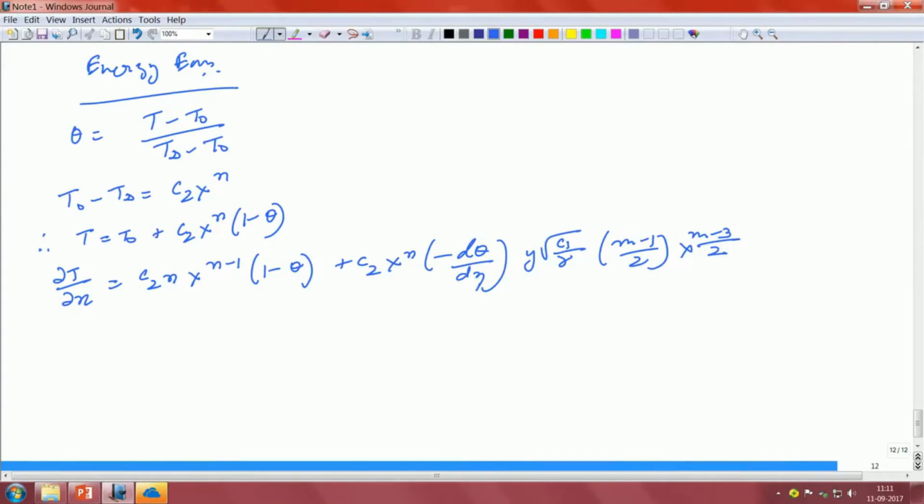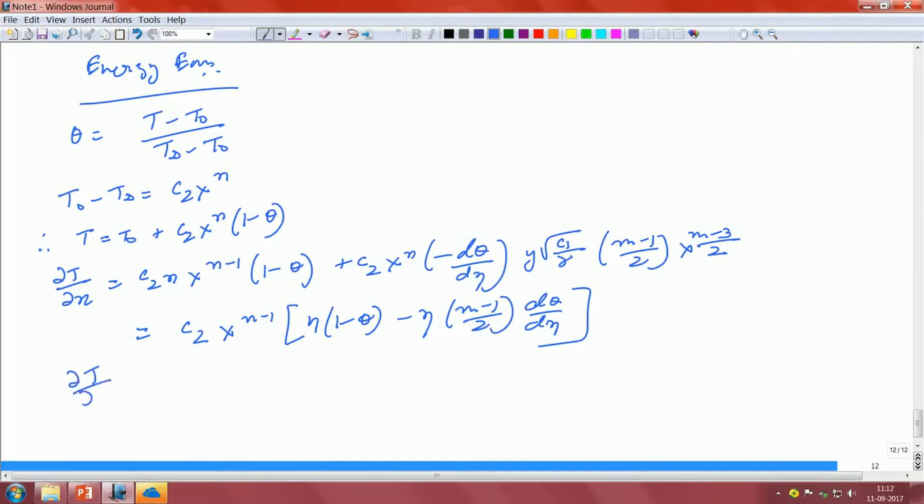So, it becomes equal to C2 x to the power of n minus 1, n into 1 minus theta, eta, m minus 1 by 2.